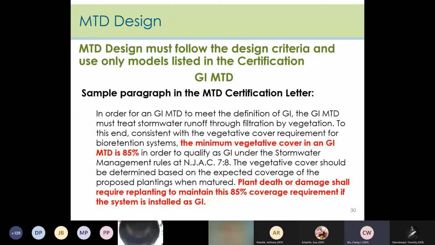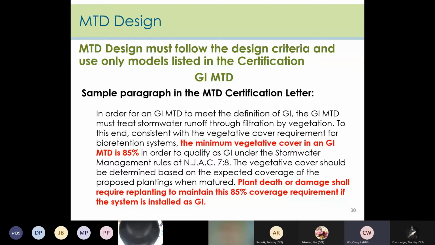And here is sample language from the MTD certification. This one is for the GI MTD, because the GI MTD treats by vegetation and soil. The language says the minimum vegetative cover in the GI MTD is 85%.